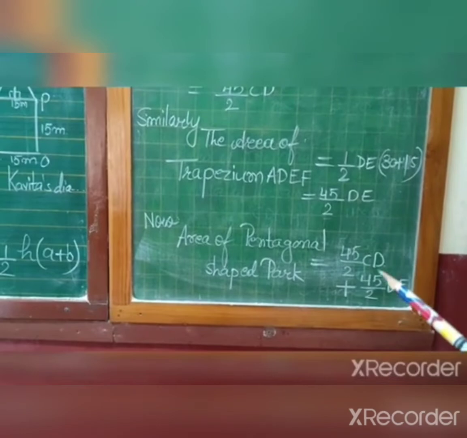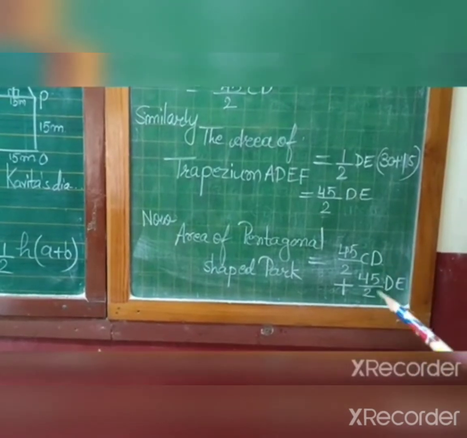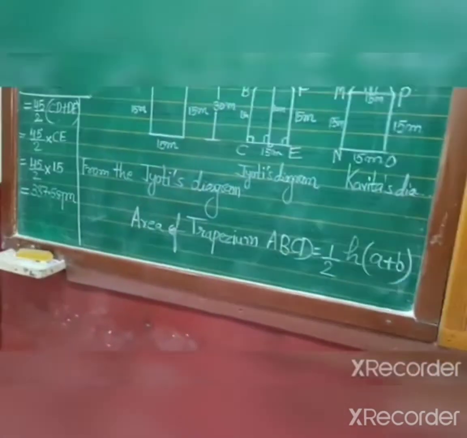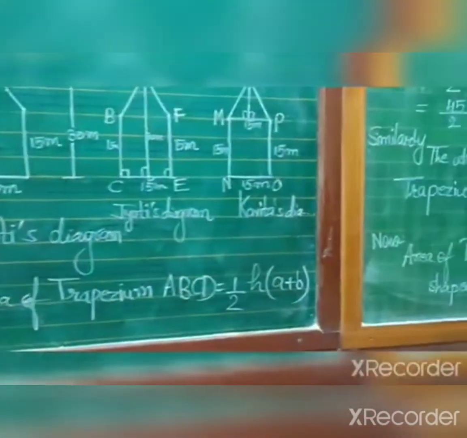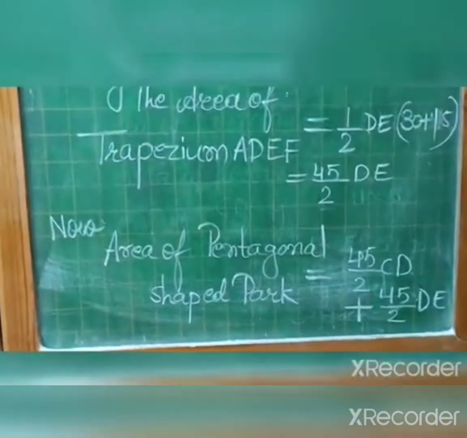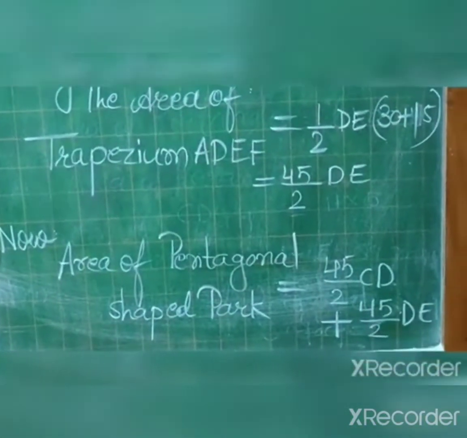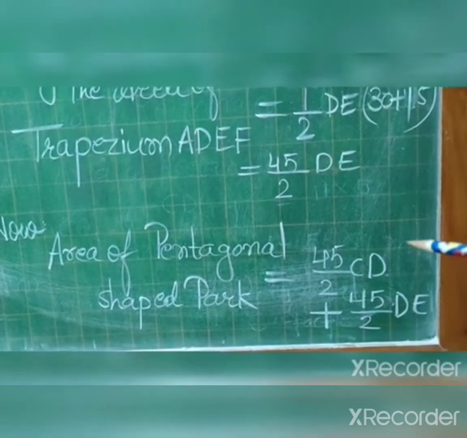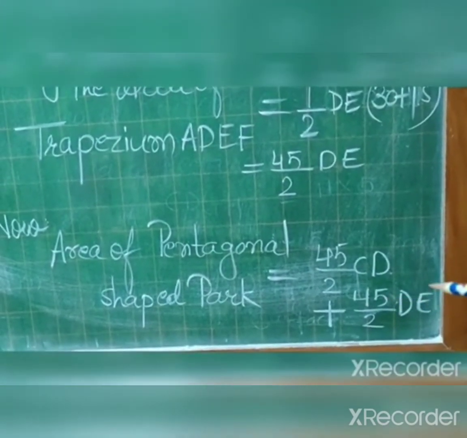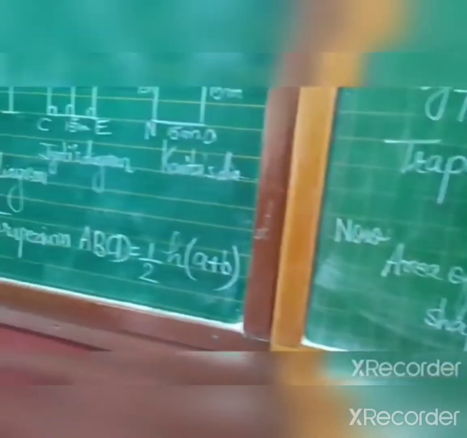45 upon 2 CD plus 45 upon 2 DE. Now see here, 45 upon 2 is common in both the terms. So in the bracket the value will be CD plus DE.